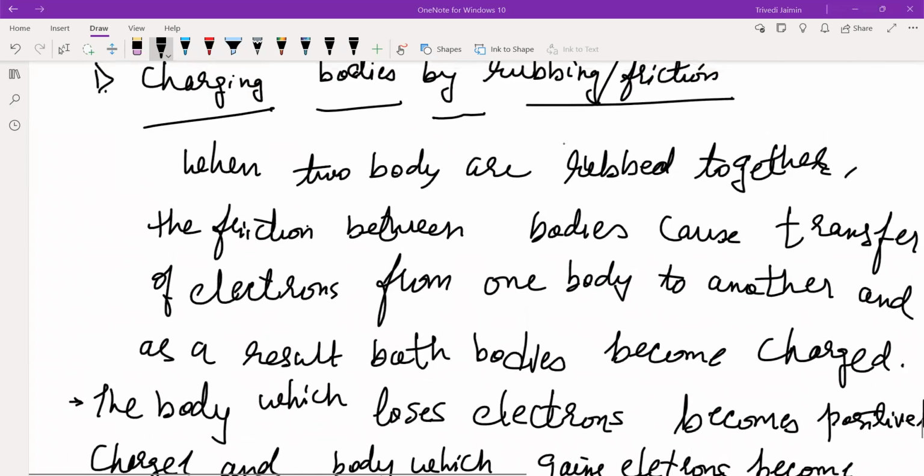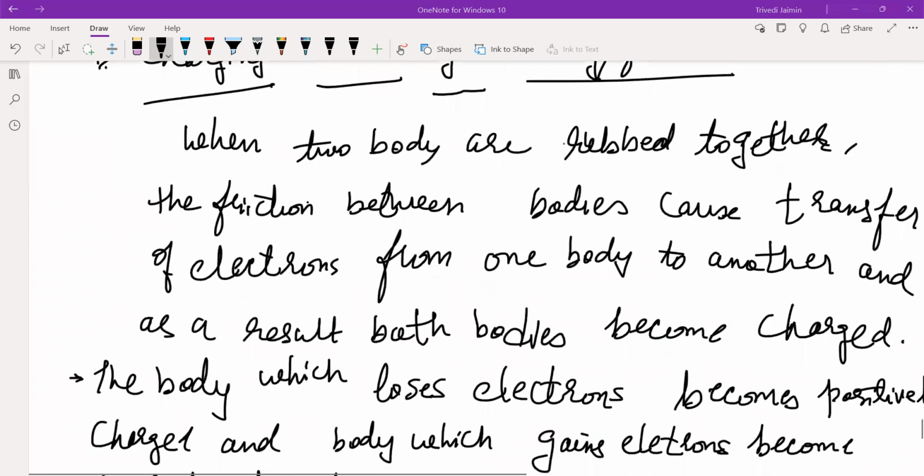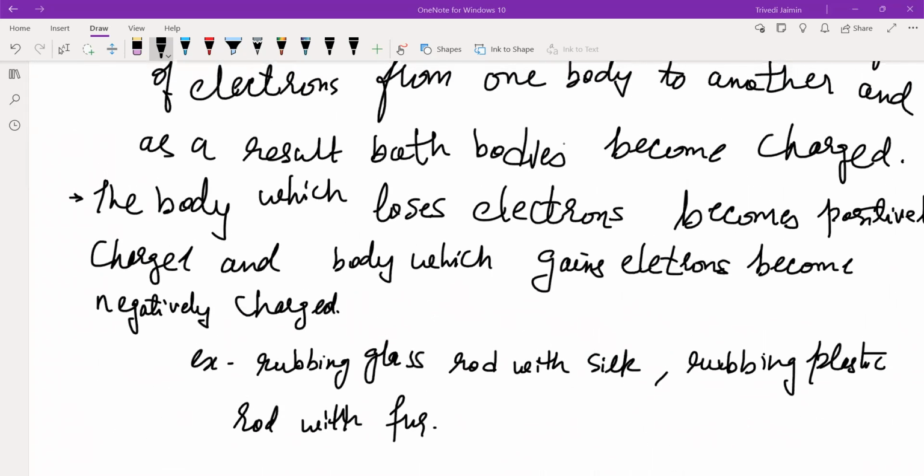What we wrote just now, charging a body by rubbing or friction. What is this process called? One general term. Frictional. So is it frictional? Frictional. Okay.